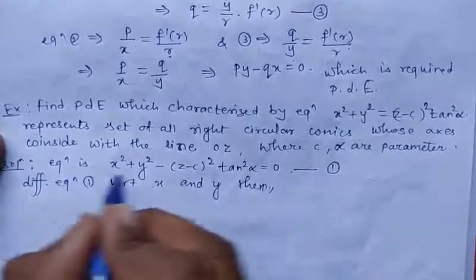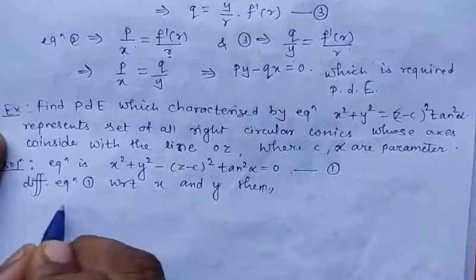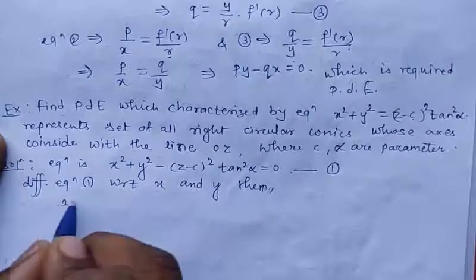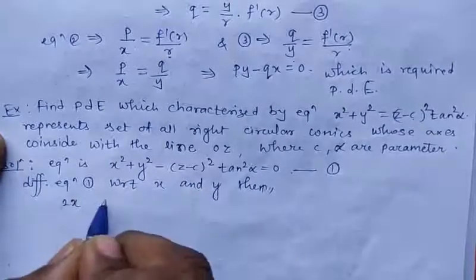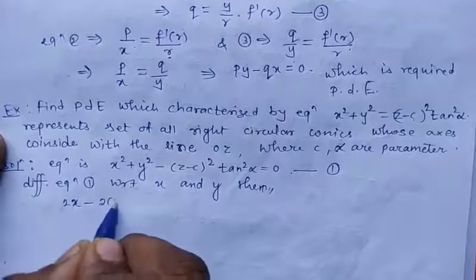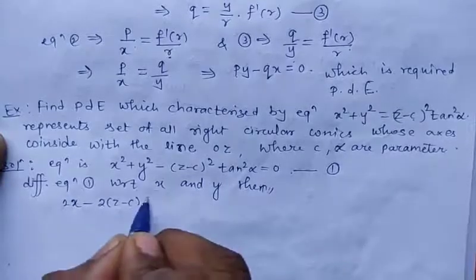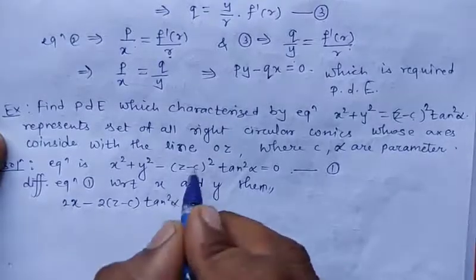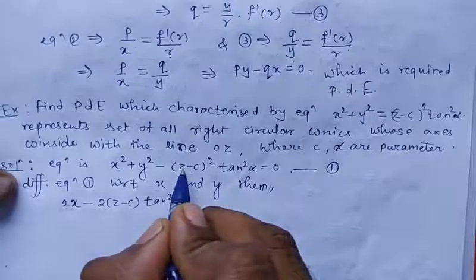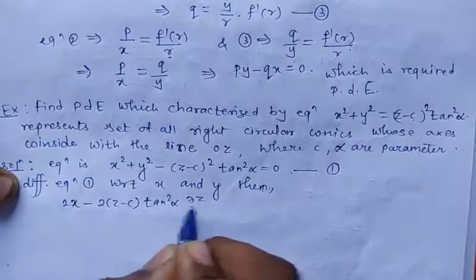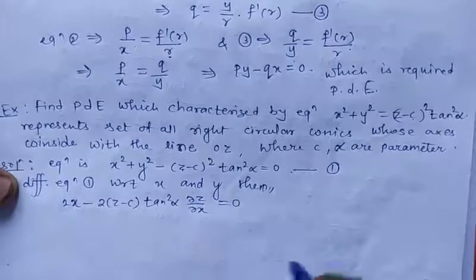Then what happens? Differentiating with respect to x, we get twice x, and minus 2 times (z minus c) into tan square alpha, and taking derivative of z with respect to x, we get ∂z/∂x, which is equal to 0.